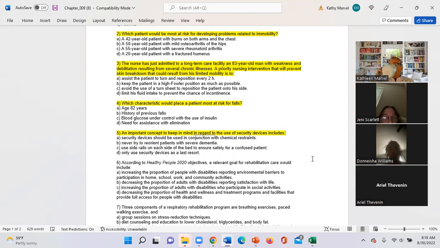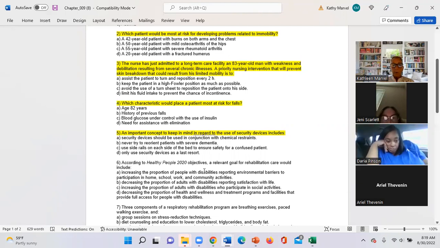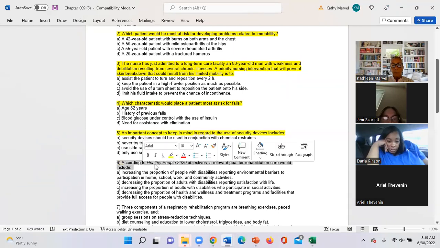D. Why is the answer D? Because you don't want to restrain the patients unless you absolutely have to. Yep. Does everybody understand that? Okay. Yep, the answer is D. What about number 6?